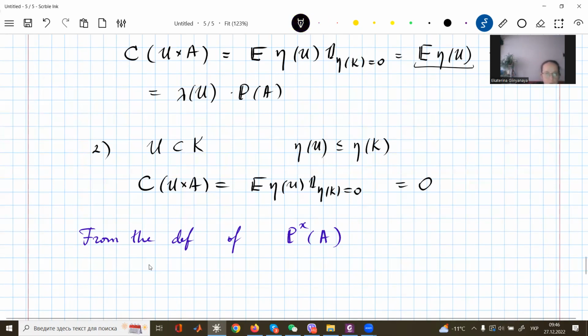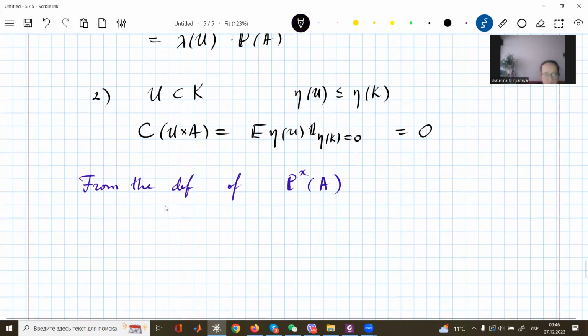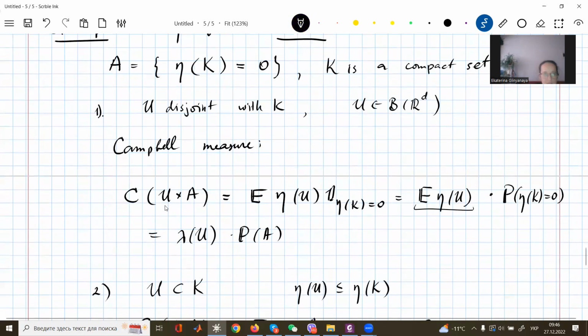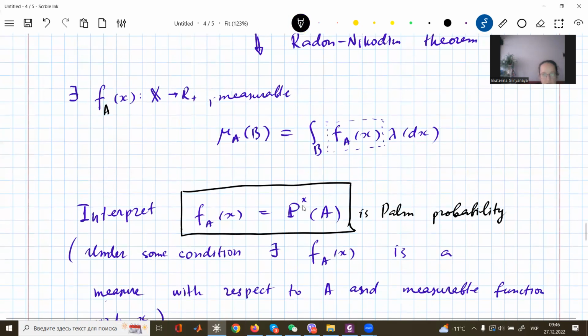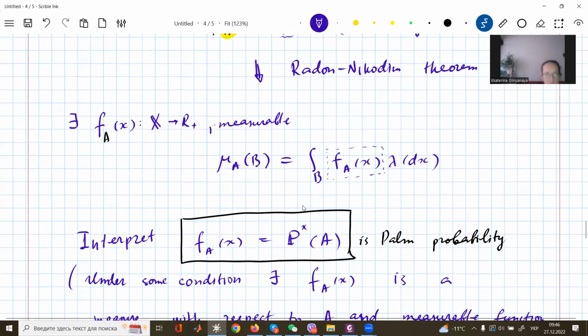Let me recall that we write this probability, and we just denote this as C of B times A. Yes, we write it in such a form.